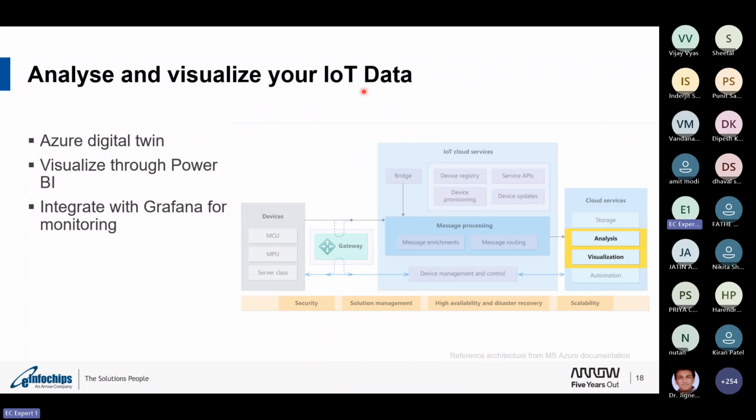Analyzing and visualizing your data. When you say analyzing and visualizing your data, it's a thought process where you can get an insight out of your data and visualize it through a Power BI dashboard and integrate with Grafana for monitoring.